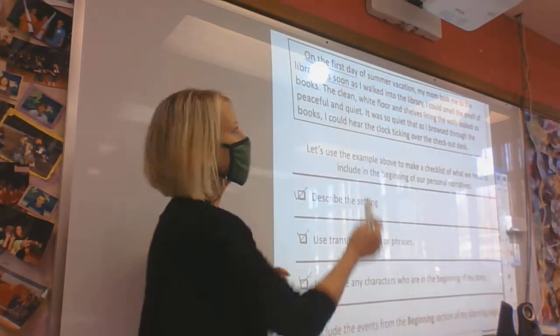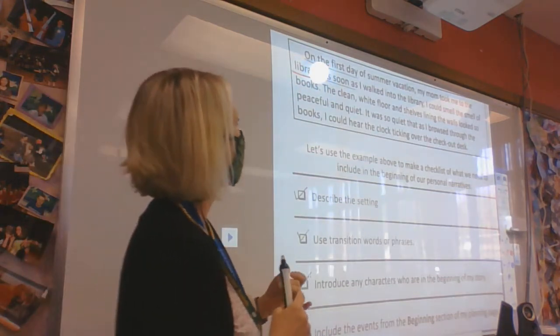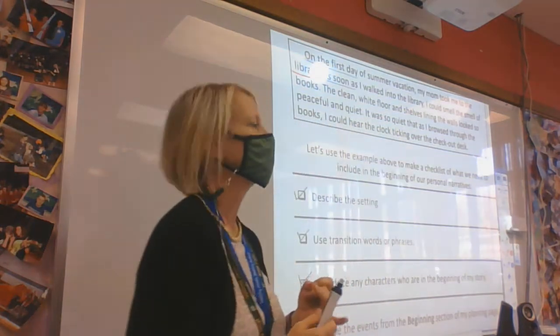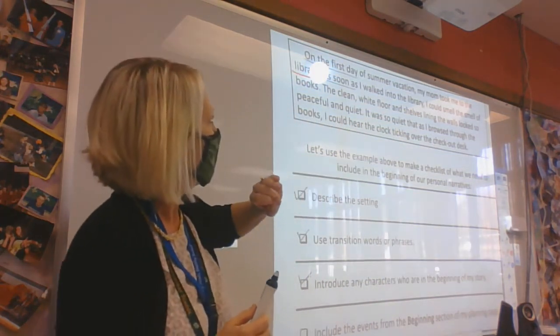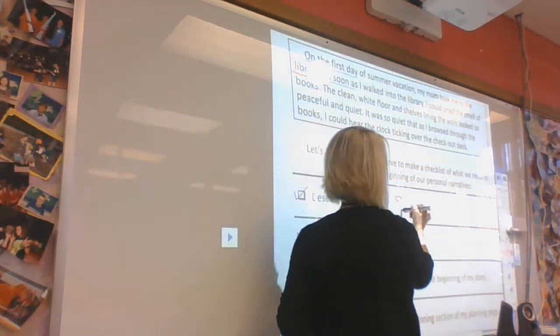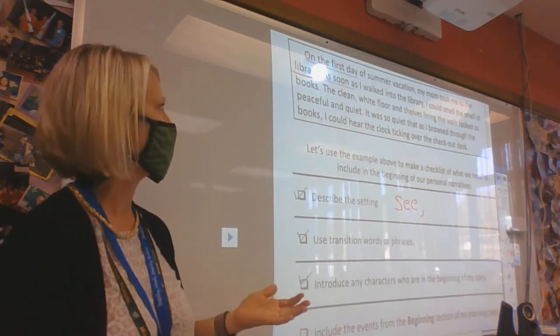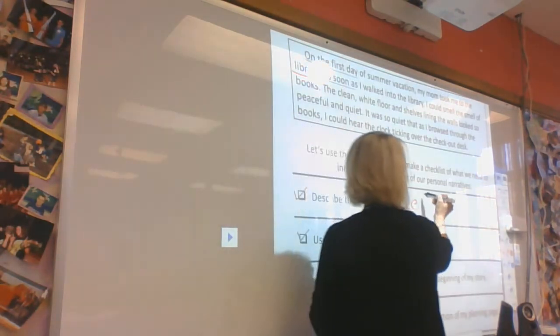She tells me that she's in the library here. And then she describes what it looks like. Clean white floor and shelves. She describes the books. So she describes what she can see. She describes the clock ticking and how quiet it is. So she describes what she can hear.